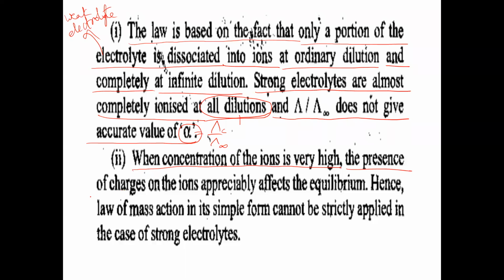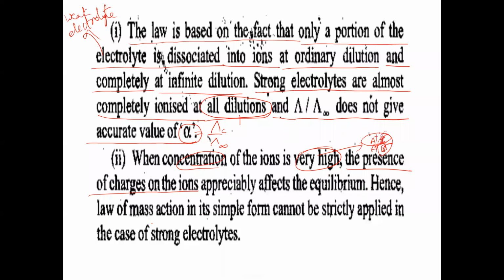Next, when the concentration of the ions is very high, the presence of charges on the ions matters. If the concentration of the solution is high, all ions will be side by side. Suppose here A plus B minus, again A plus B minus. Now the charges are very close, positive and negative close together. So because of the high concentration of ions, the presence of charges on the ions appreciably affects the equilibrium.